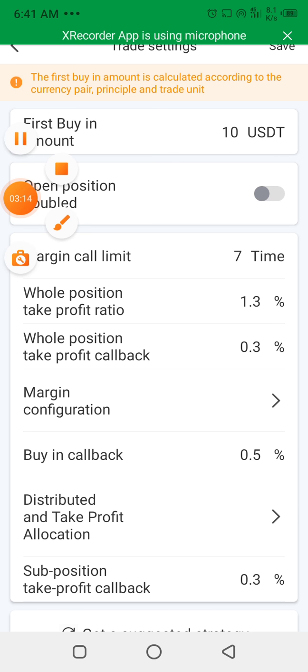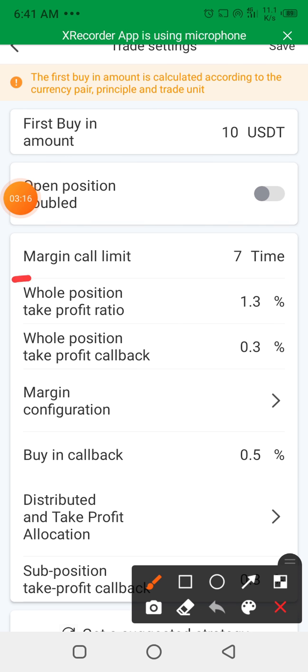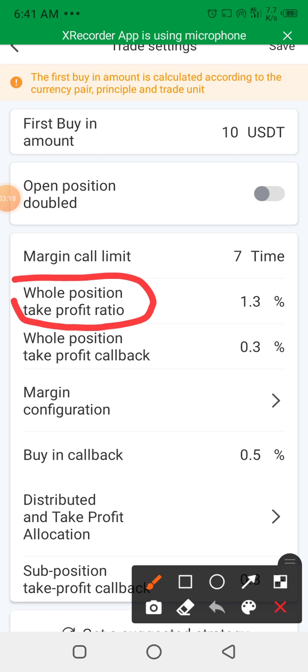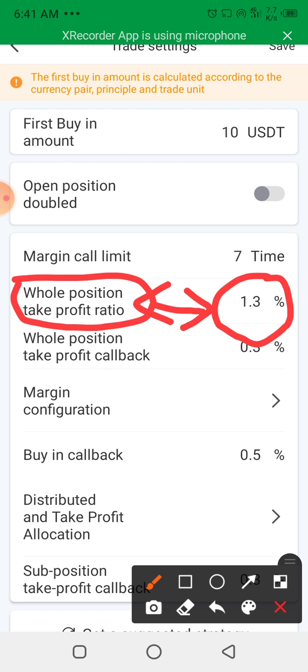Now the next one is hold position take profit ratio. What does it mean? It is the percentage the coin will increase positively for the trade to execute.